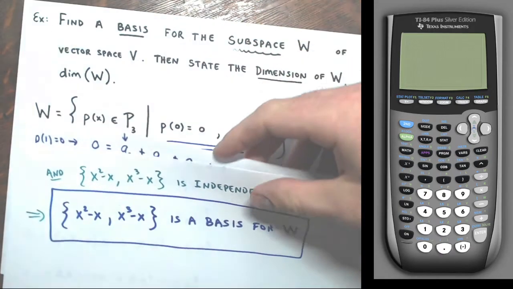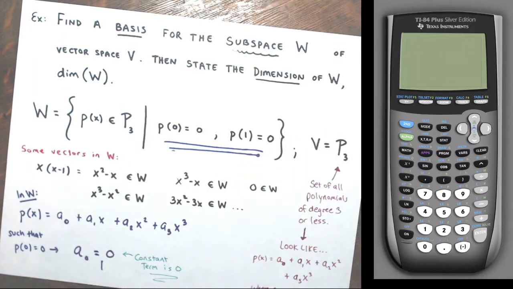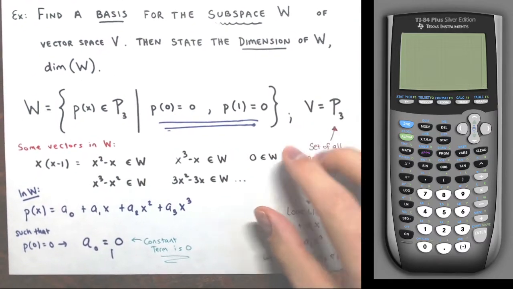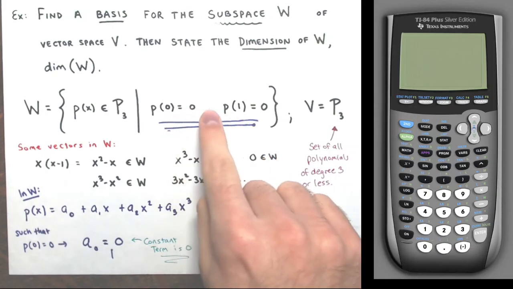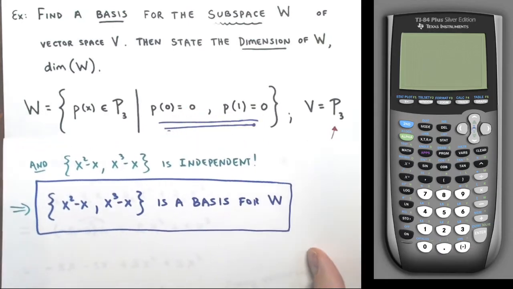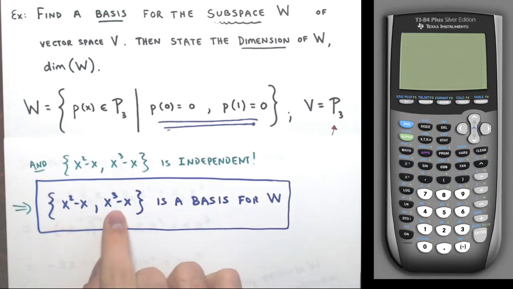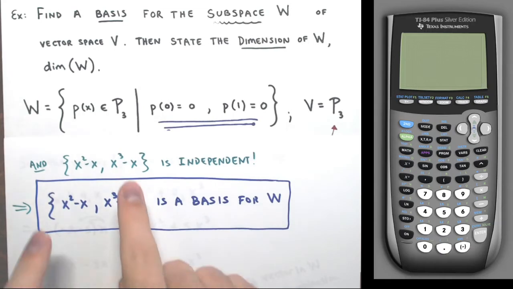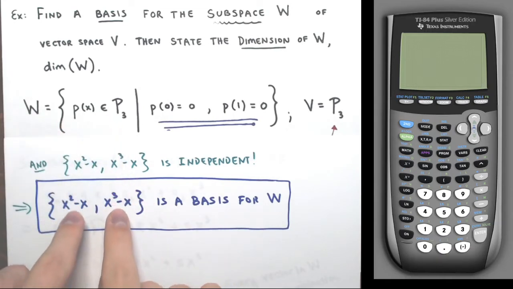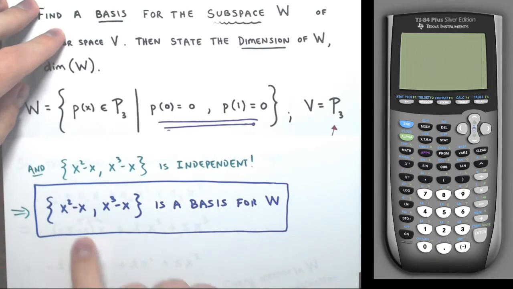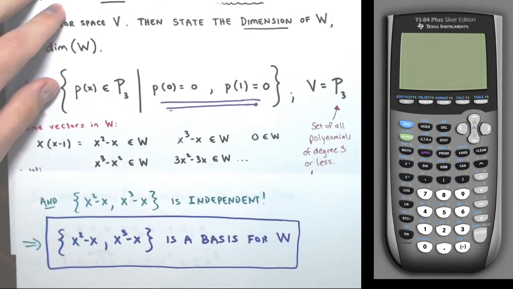All right, so let's go back and look at W again right here. So here was W. All right, it was the set of all polynomials of degree 3 or less such that these two conditions held. Well, what we're saying here is that here are the building blocks for this set. Every polynomial in this set I can construct by just finding a linear combination of these two. Right? And they're independent.